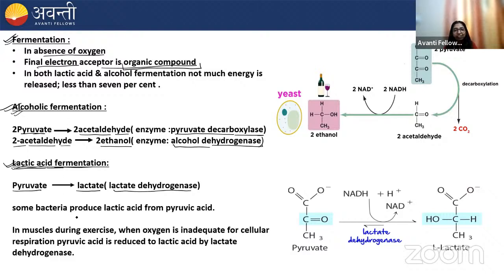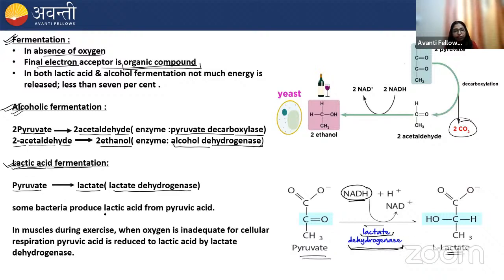In alcoholic fermentation, you can see there is a release of CO2, but in lactic acid fermentation, when the pyruvate is converted to lactate, there's no release of CO2. Only NADH will be utilized. And the enzyme which catalyzes this reaction is lactate dehydrogenase.